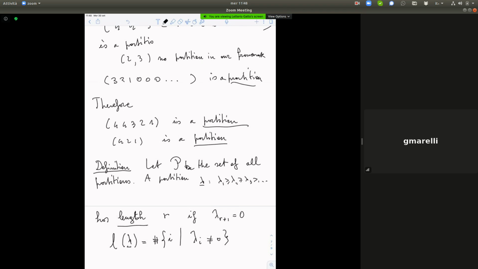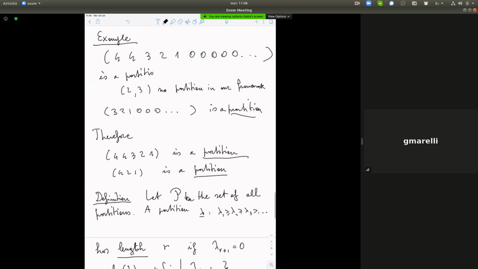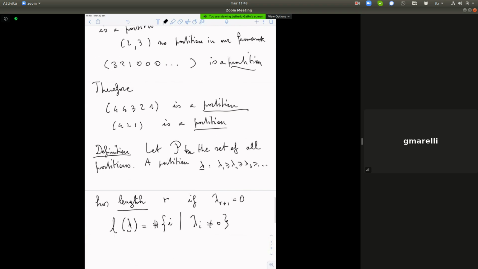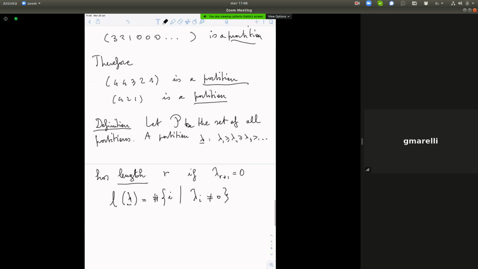So for instance, 4, 4, 3, 2, 1 is a partition of length 5. 4, 2, 1 is a partition of length 3. I am used to denote by P_r the set of lambda in P such that the length is smaller or equal to r.